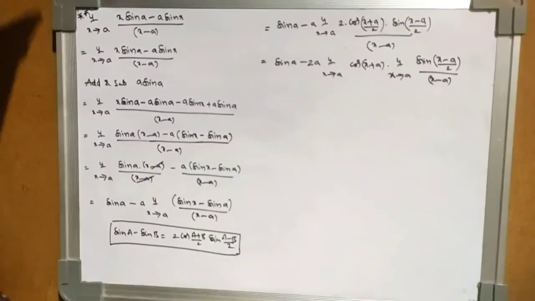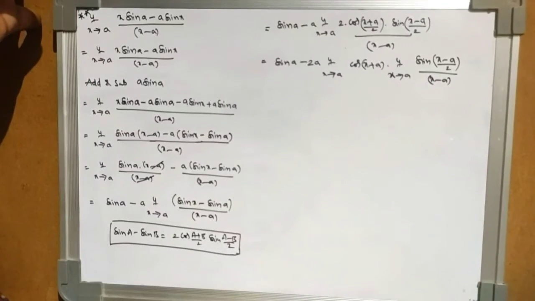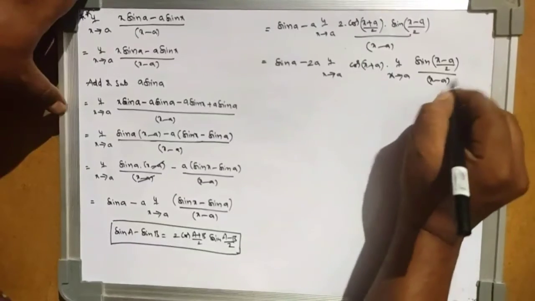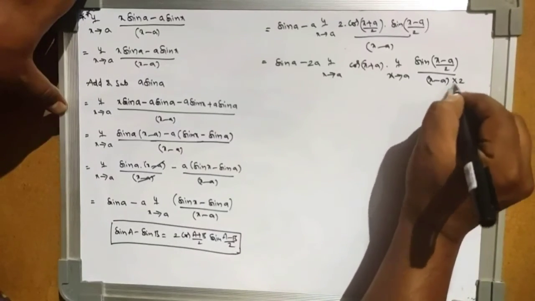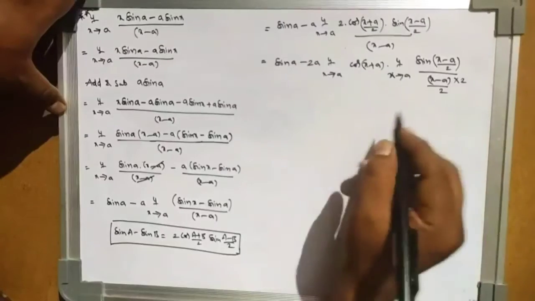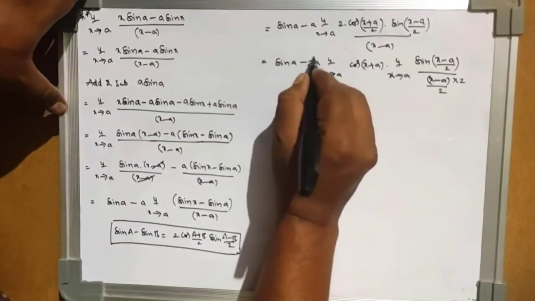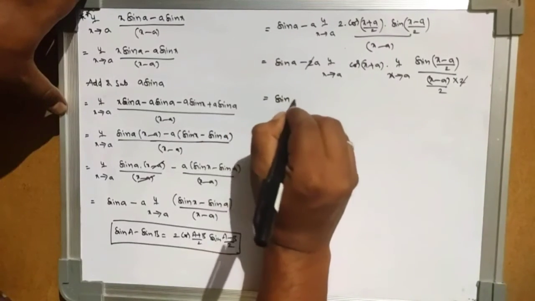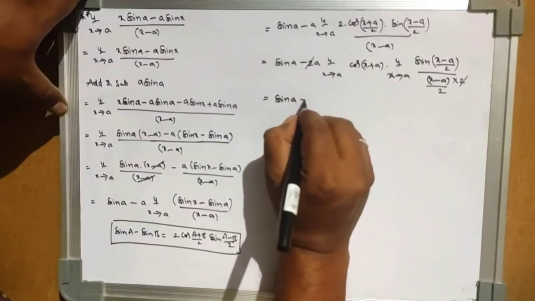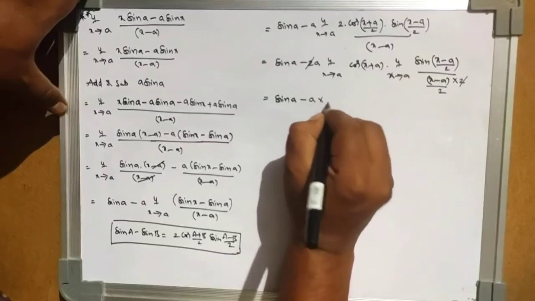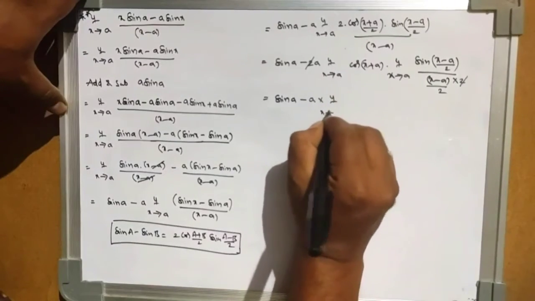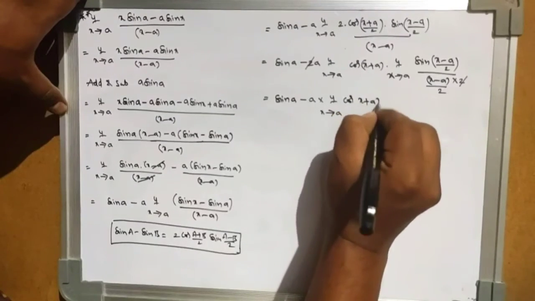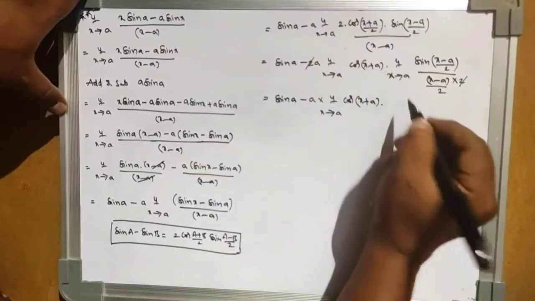If you observe here, sin of (x minus a) by 2, and we have only x minus a here, so multiply and divide with 2 here. Then this 2 and this 2 get cancelled. So now it becomes sin a minus a into limit x tending to a of cos((x plus a) by 2) into limit x tending to a.